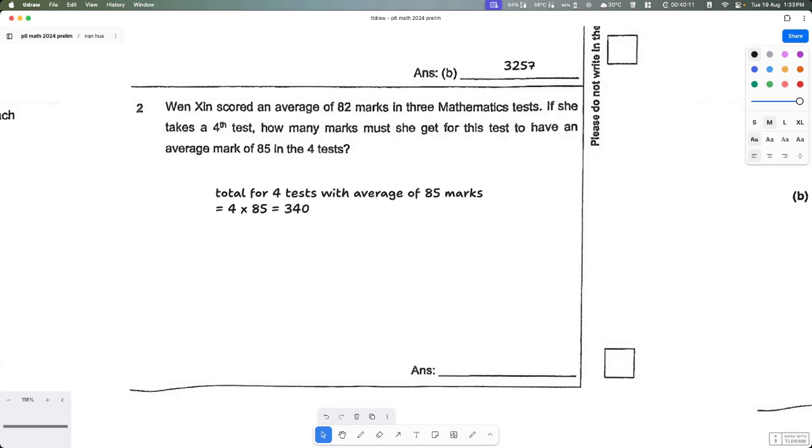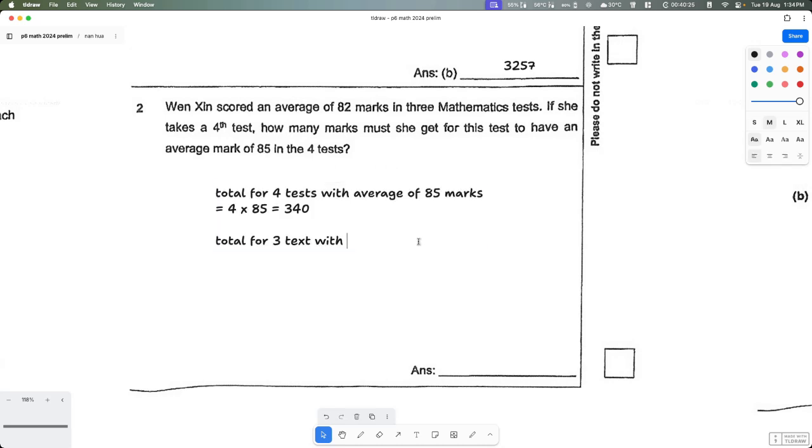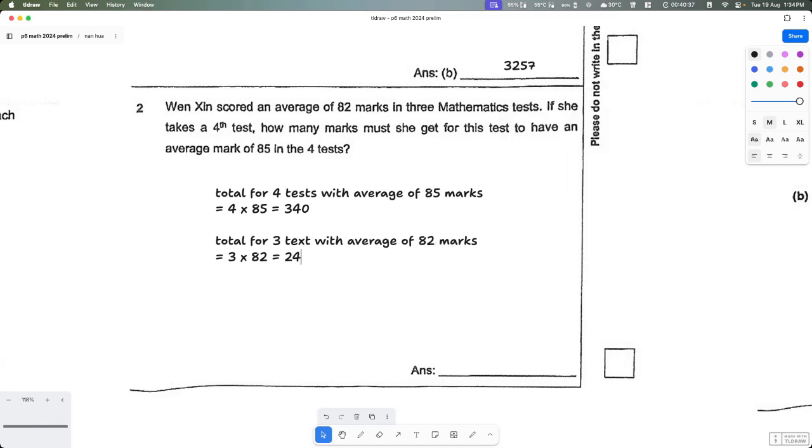Then the total for 3 tests with an average of 82 marks is 3 times 82, which gives us 246.